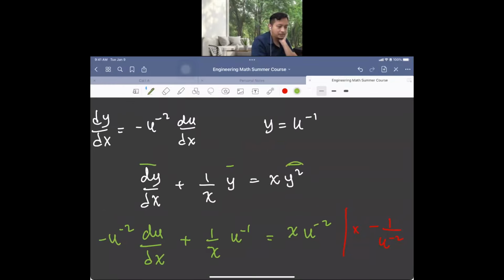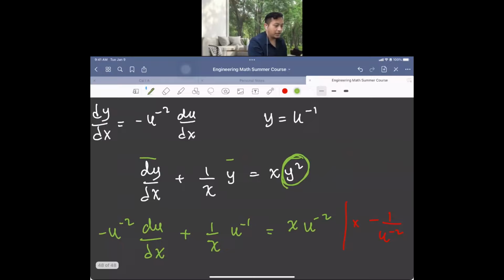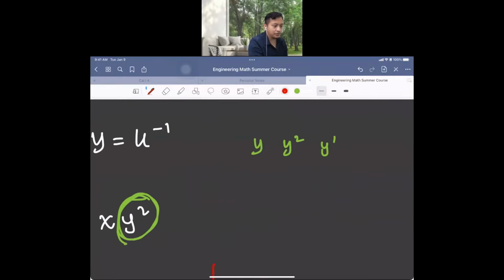The idea is we have some squares here. We want to make this squared or any power to make just a linear. And how to do that is we are going to substitute with some relations, so that when we substitute, this squared will be gone, or reduced. So we have y squared, and y prime. Okay, so what's the deal with this?